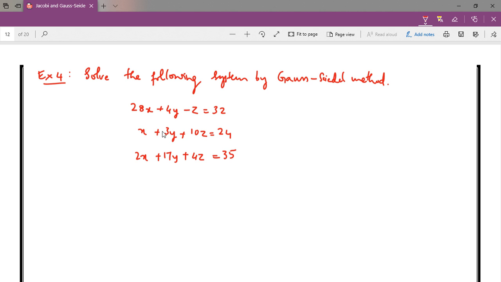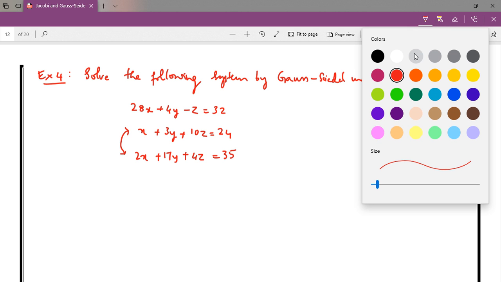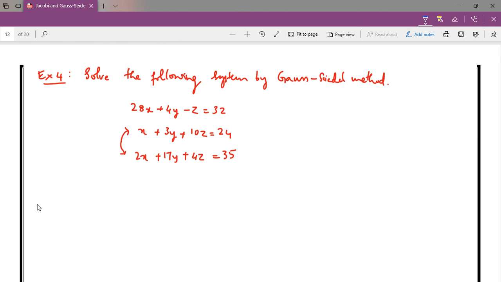Looking at this system, we see that the y term is a little low, so we can exchange these two equations, and then the coefficient matrix becomes diagonally dominant. Then we can solve the system very easily. So we go for the solution.